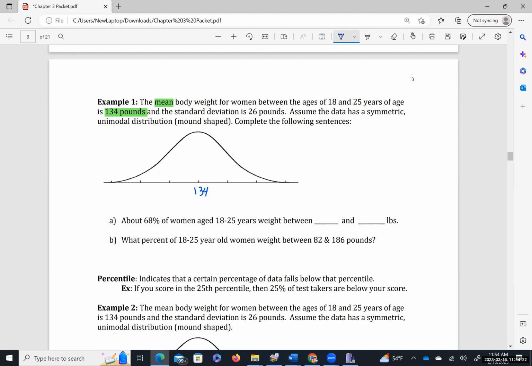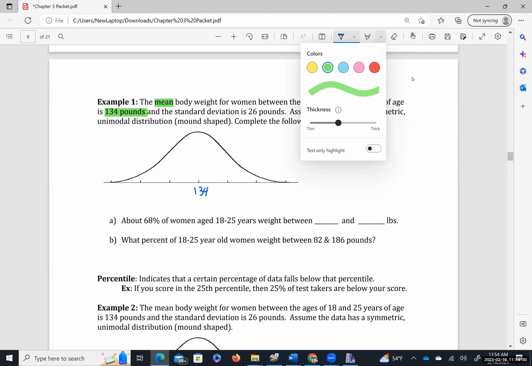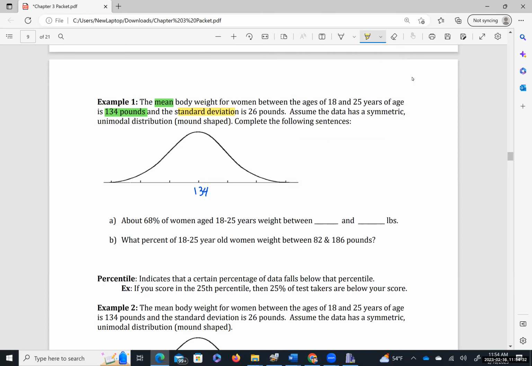And the standard deviation is 26 pounds. And because we assume the data has a symmetric unimodal distribution, or mound shape, we're gonna complete the following sentence here.